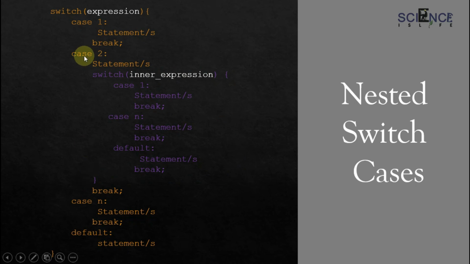There may be several statements in this case, so within these statements I can mention a separate sub switch case. So I am creating another switch. Within this I am going to mention another inner expression, and there may be several cases also. Likewise you can have as many nested switch cases as you wish.